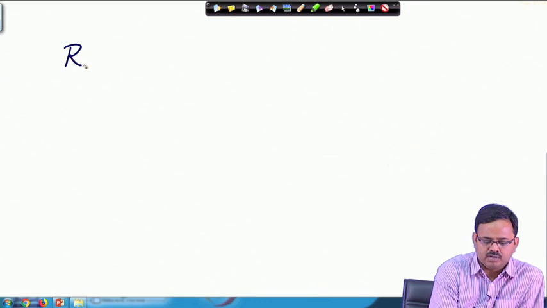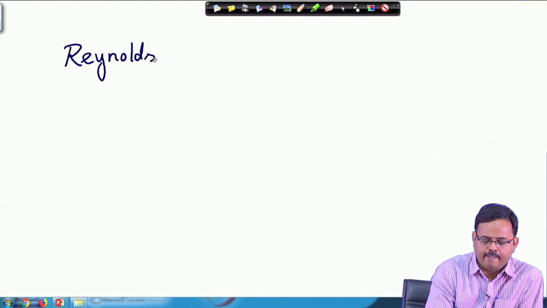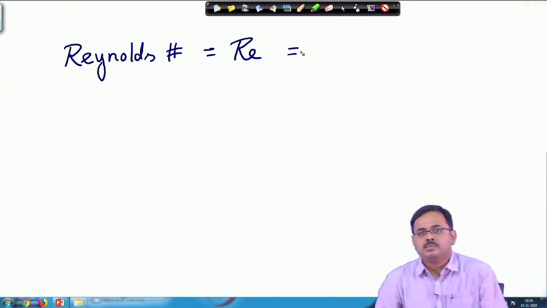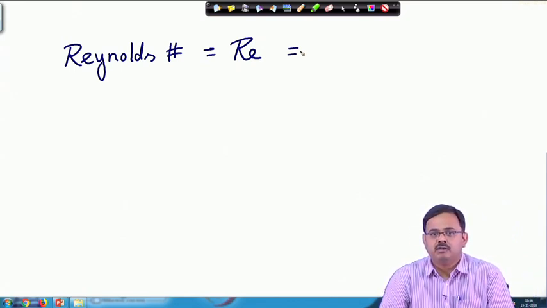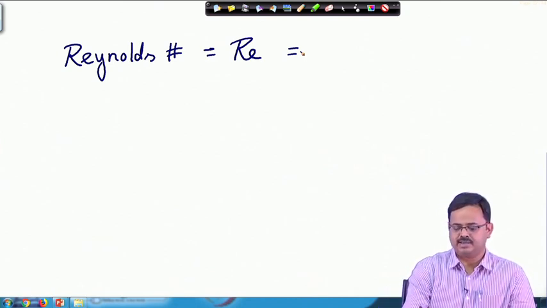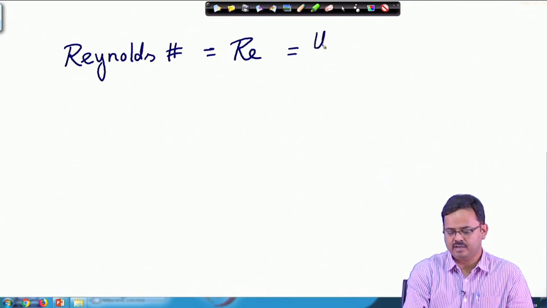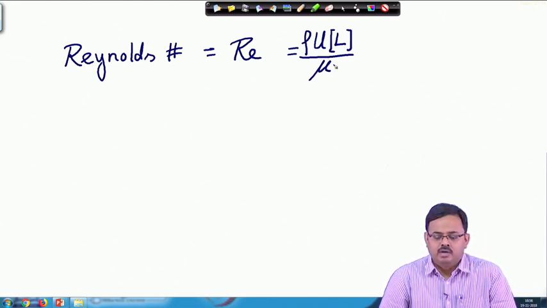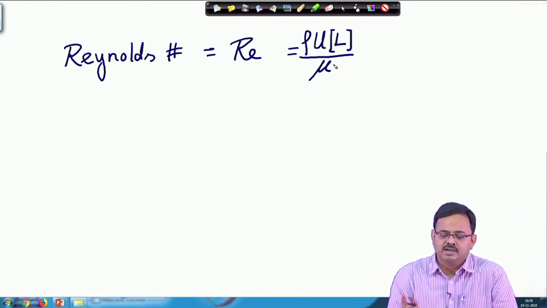The next one I am going to talk about is called Reynolds number, denoted by Re. Reynolds number is a very interesting term. It's one of the most fundamental quantities in fluid mechanics, and that is given by rho U L over mu. So, rho is the density of the fluid, mu is the viscosity of the fluid, U is the velocity, and L is the length scale.